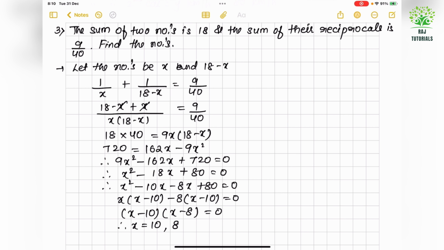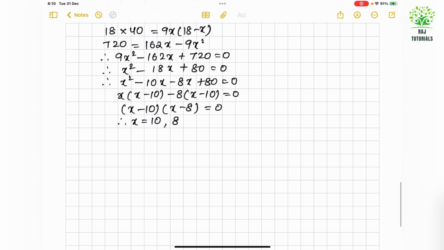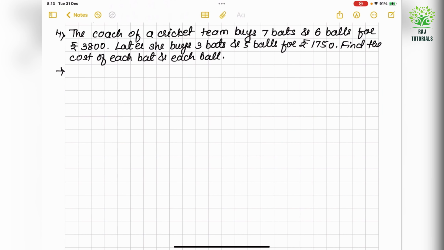So therefore either x equal to 10 or x equal to 8. So therefore the numbers are 10 and 8.